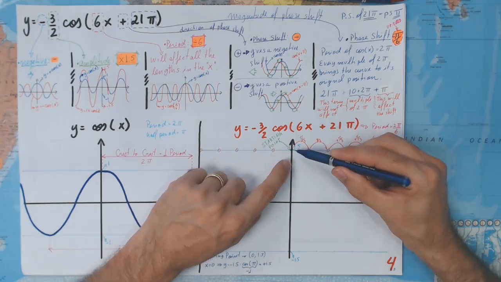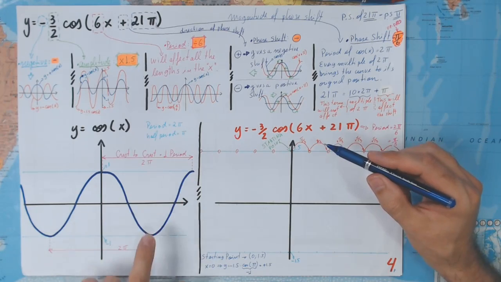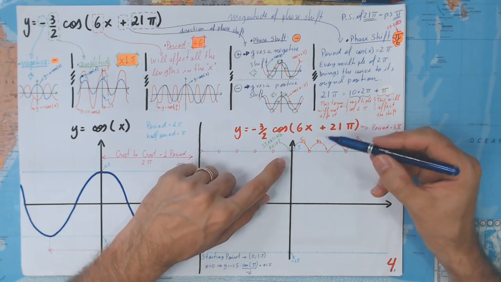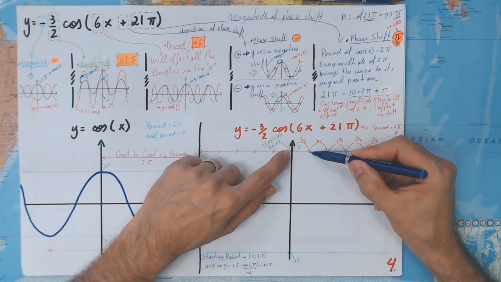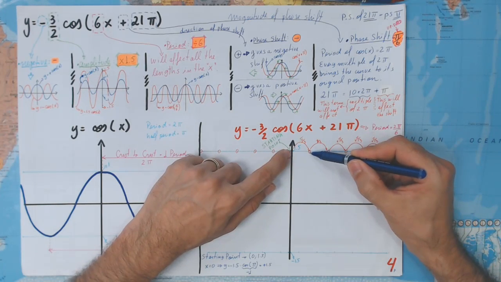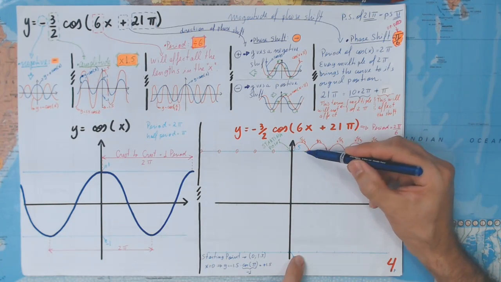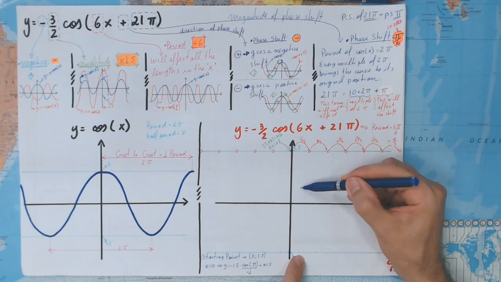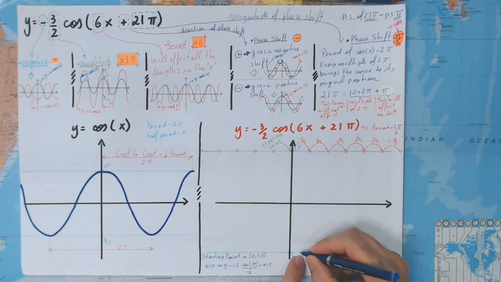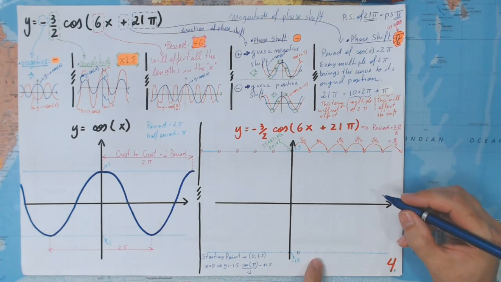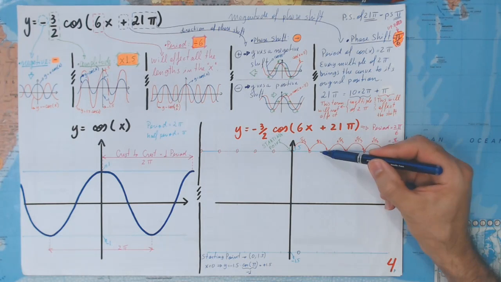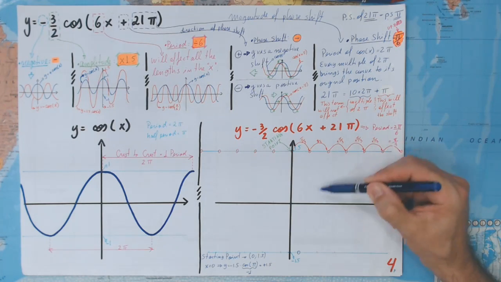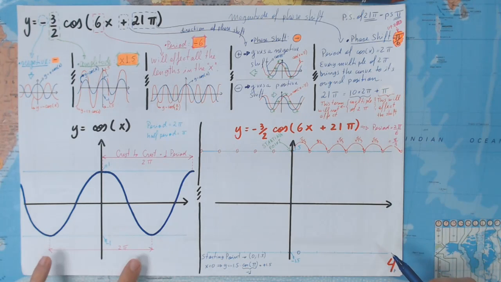Now, once we know all the crests, let's draw the troughs. I know that between 2 crests we have a trough, right? If the crest is in here and in here, the trough is going to be the middle point. So I'm just going down right into the middle in here. This is going to be a trough. Now, I can go over and over like this, always taking the half parts, or just understanding that from trough to trough I have another period.